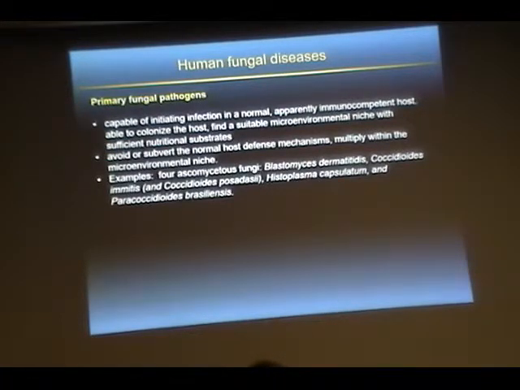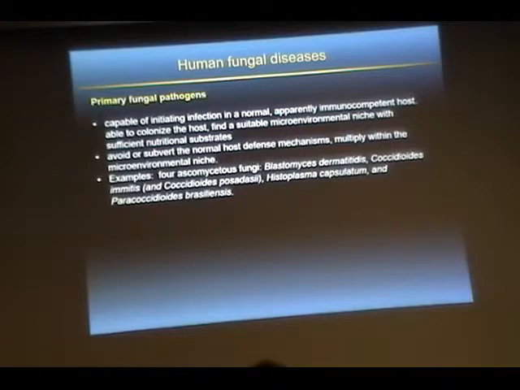And it's able to colonize the host. It can find the suitable microenvironmental niche with sufficient nutritional substrate. So the fundamental thing that you have to remember is that even immunocompetent hosts can get these infections by these primary fungal pathogens.